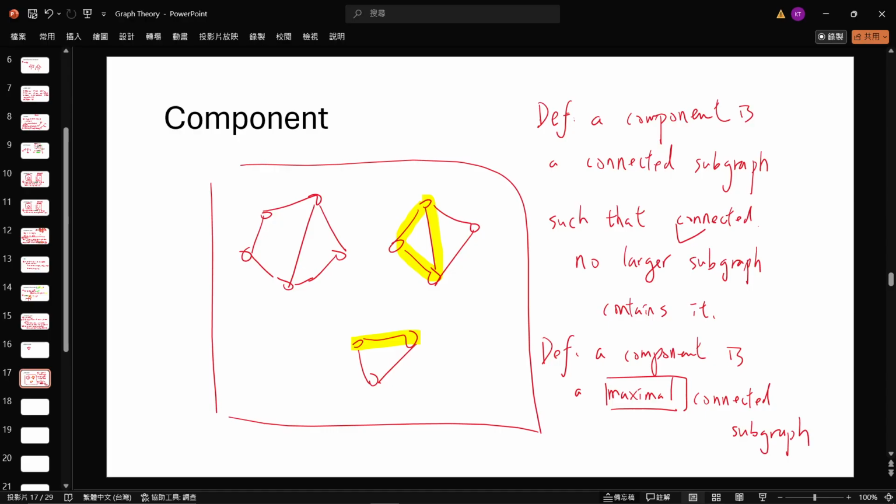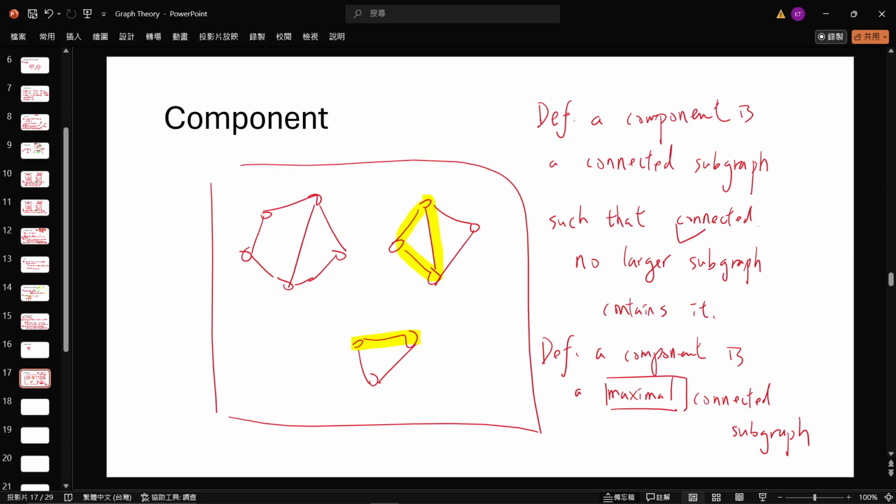But if you restrict to local maximum, in other words, maximal, then you can find many different components. So in short, if we replace biggest with maximal, then you'll get the definition you're going to find when you Google it.